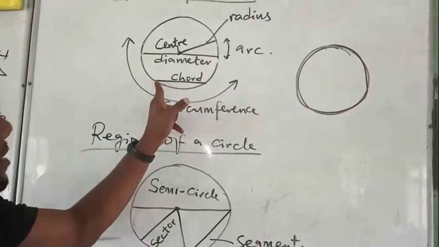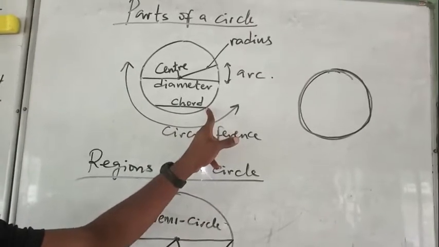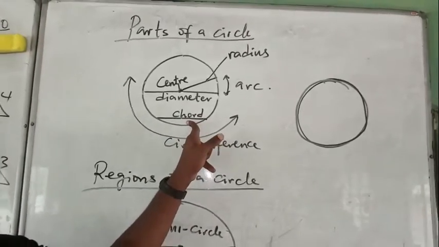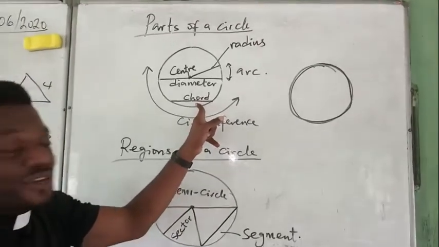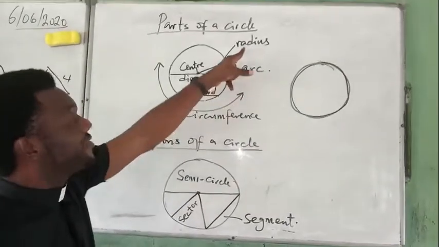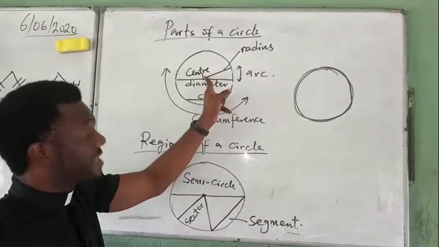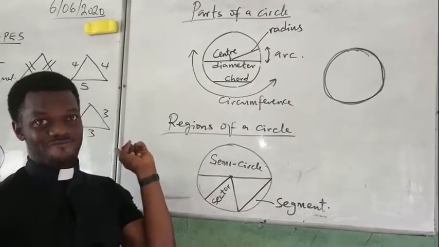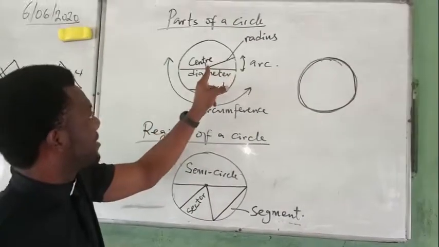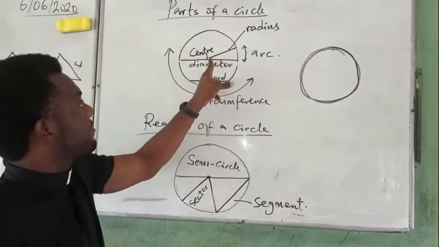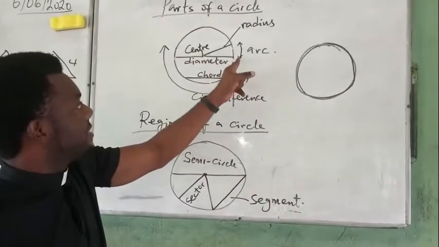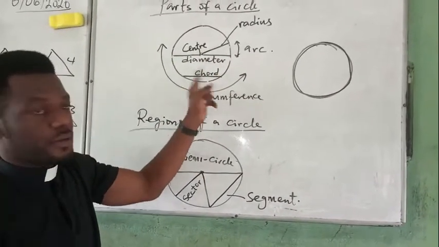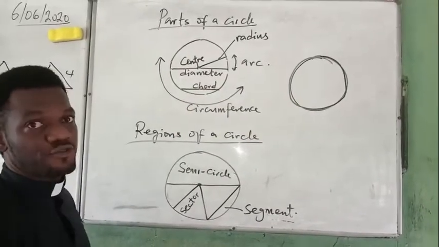It's called the chord. So the chord does not pass through the center of the circle. Mind you, the radius begins from the center to the circumference. So this is the radius, this is the center. The center is the point. This is the diameter, the line, and this is the chord. The chord does not pass through the center.